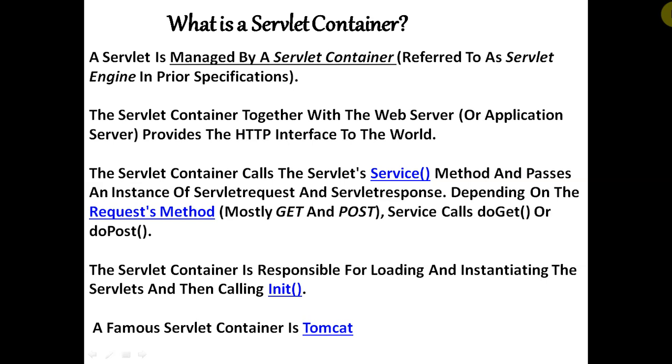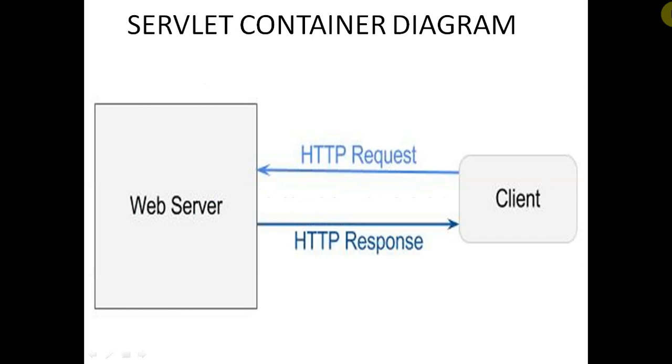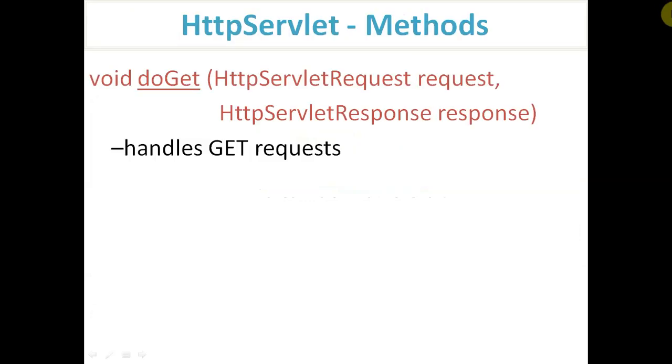A famous servlet container is Tomcat. So basically Tomcat is used for servlet programming, and the initial function is init, like a constructor in Java. So init is the basic function, it works like a constructor.